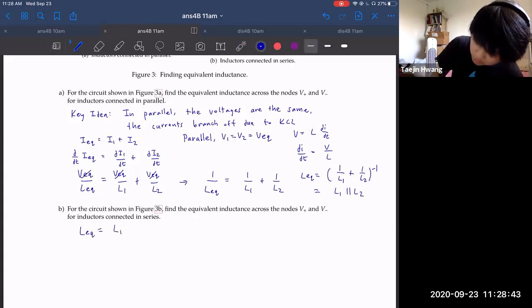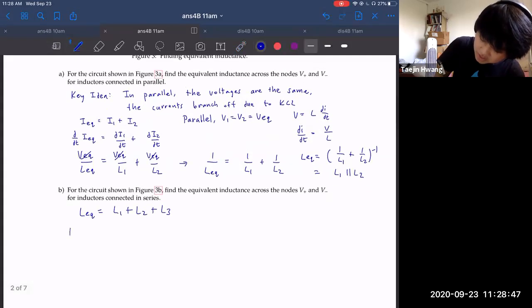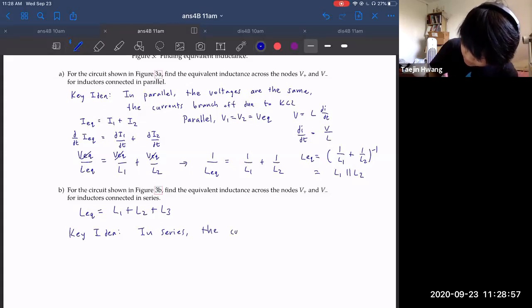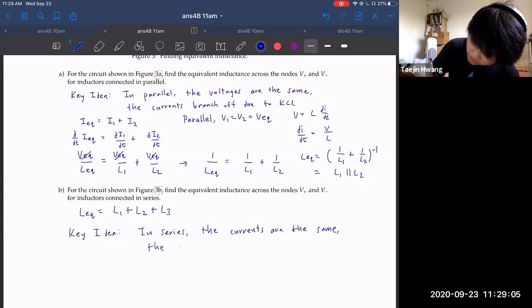You can formally show this. The key idea is to know that in series, the currents are the same, and then the voltages sum up by KVL.